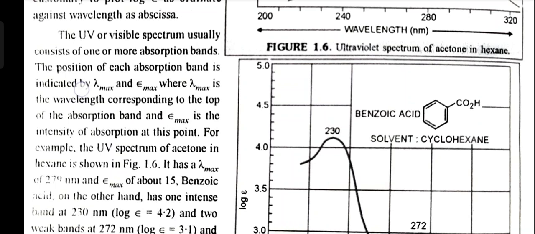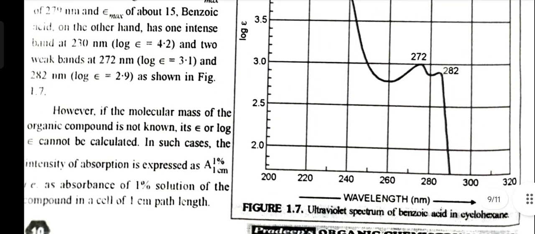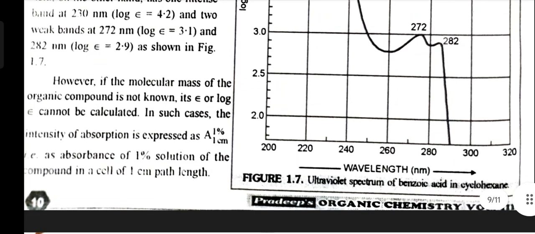For example, the UV spectrum of acetone in hexane is shown in figure 1.6. However, if the molecular mass of the organic compound is not known, its epsilon or log epsilon cannot be calculated. In such cases, the intensity of absorption is expressed as A, that is, as absorption of a 1% solution of the compound in a cell of 1 centimeter path length.